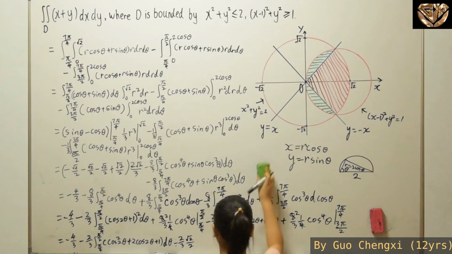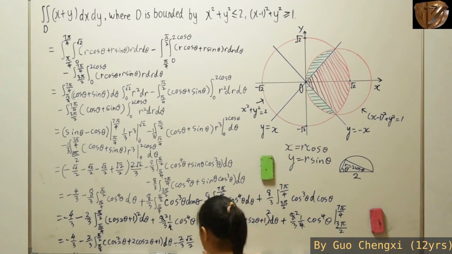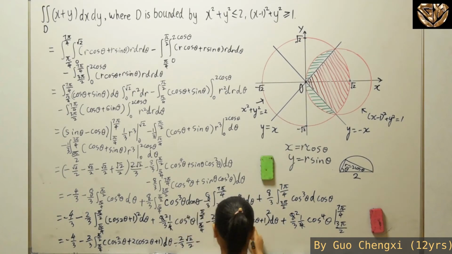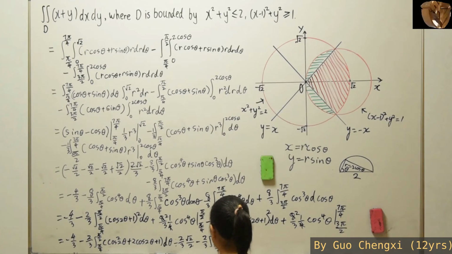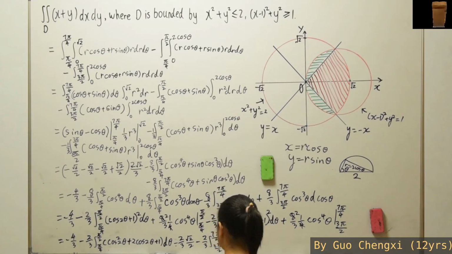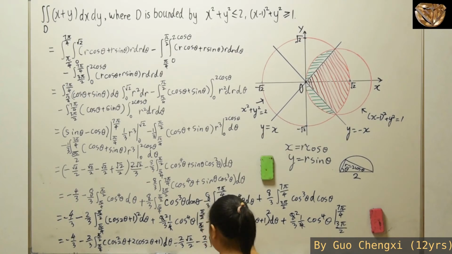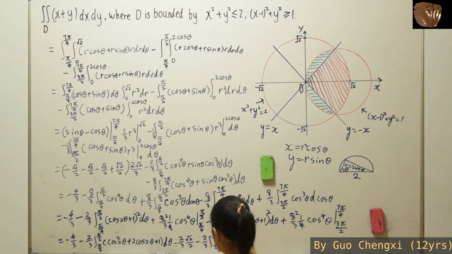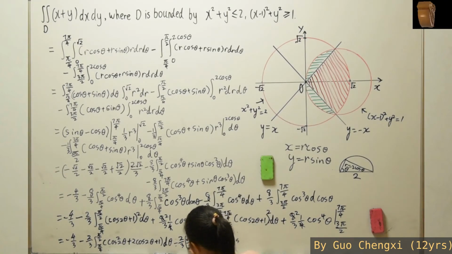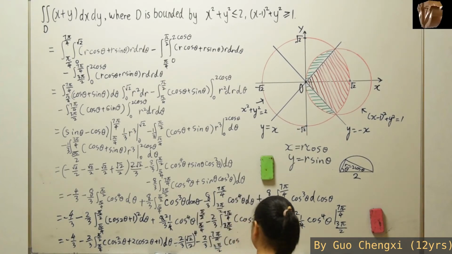Well, as you can see for this part, what we're going to have next is that, so we're going to have another one of these, and since this part is to the power of 4, so you have the to the power of 4 over here.